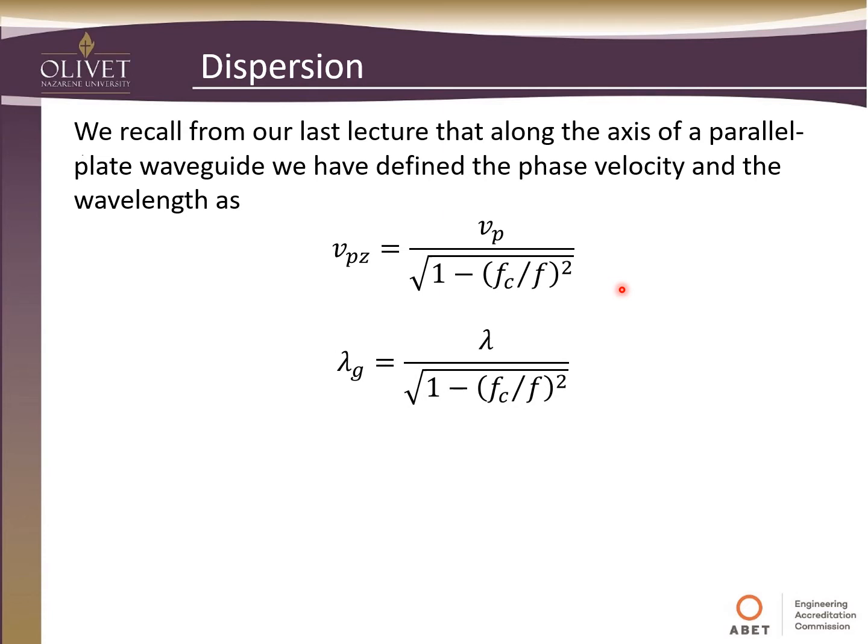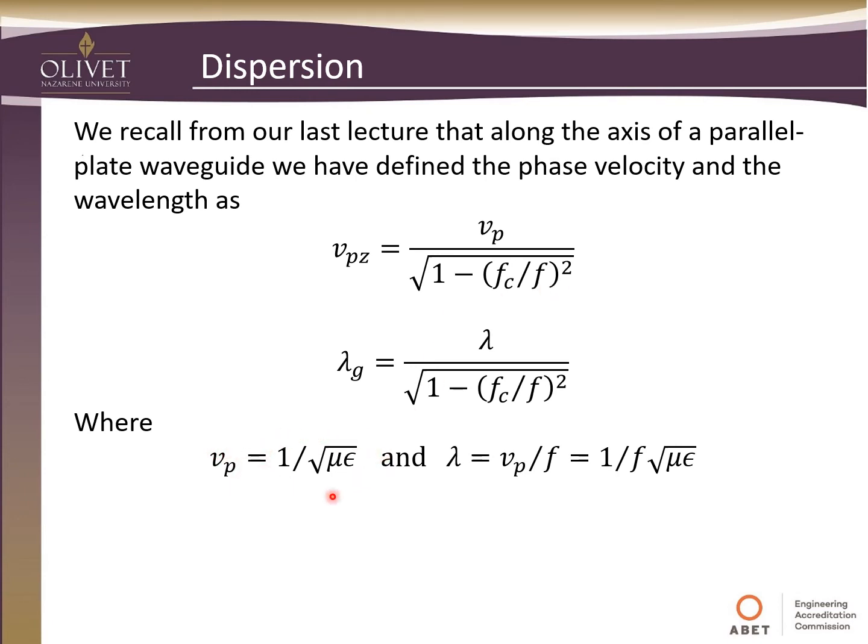Likewise, this wavelength along the guide is equal to the wavelength of our signal that's bouncing down the waveguide divided by, again, the same denominator. Again, this phase velocity is defined solely by the material.